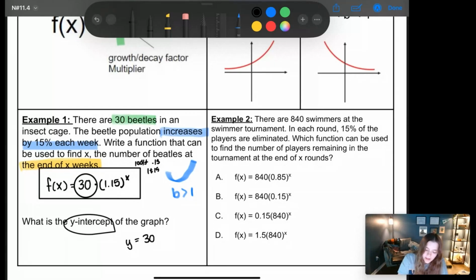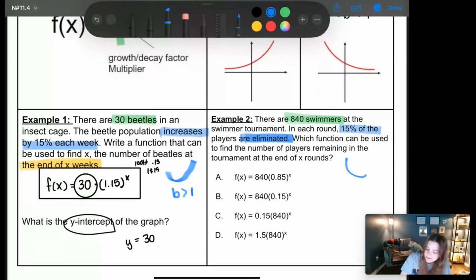There are 840 swimmers. That's our initial value. And in each round, 15% of them are eliminated. Now, 15% again, but think about the word eliminated. If you're disqualified, eliminated, kicked out, gone, got rid of, do you think that's increasing or decreasing the amount of players?